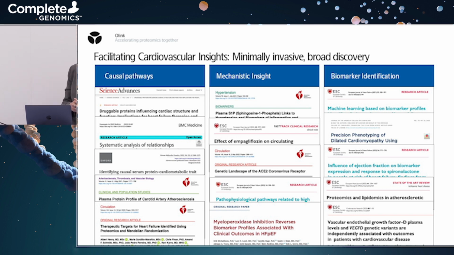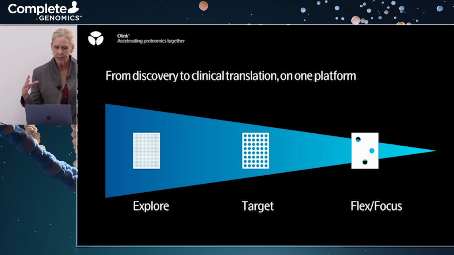So I mentioned our qPCR readout, so I'll just put in context that our broad 5,400 proteomic tool called the Explore platform that's available on the T7 is what folks are using to really narrow down sets of markers to then build out a tool that can then be suitable to take to the clinic.